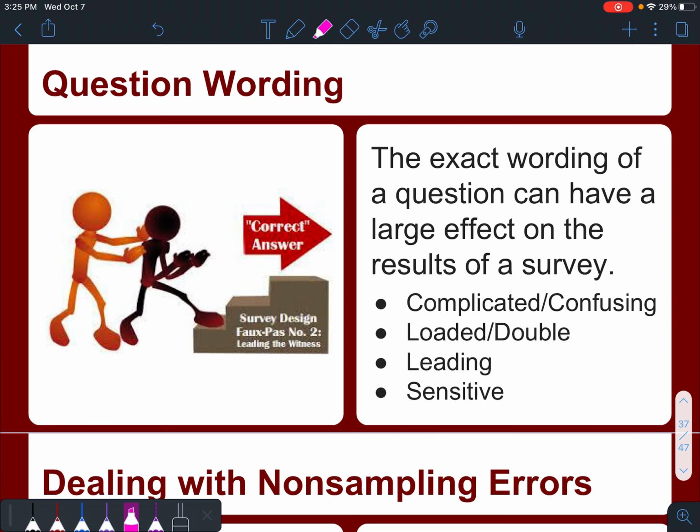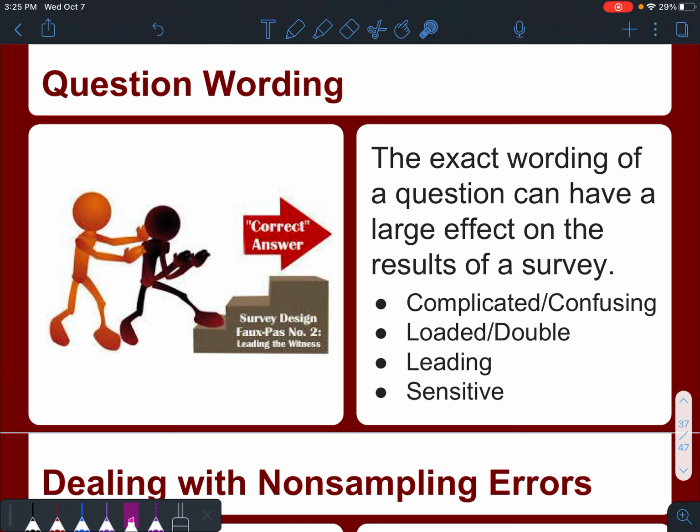Question wording can have a big effect on it. You know, if we're trying to coax an answer, hey, this is the correct answer, we can word it in a way. Exact wording of a question can have a large effect on the results of a survey. One word can have a big effect on it. It can be complicated or confusing questions. It could be loaded or have double negatives or double meanings. It could be a leading question or a sensitive question.